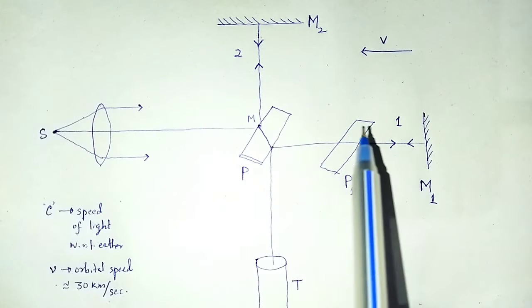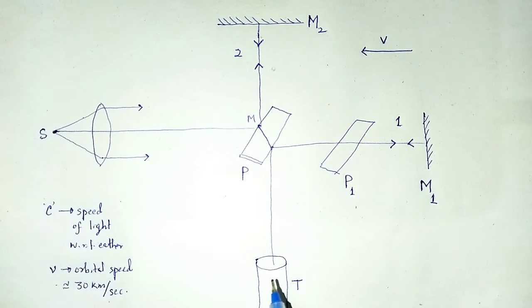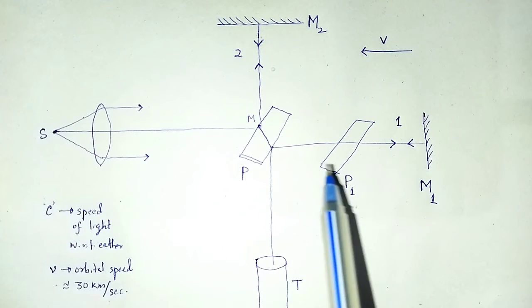So, these two reflected rays then enter the telescope T through the partially silvered glass plate.